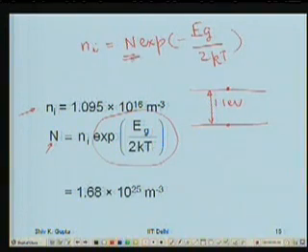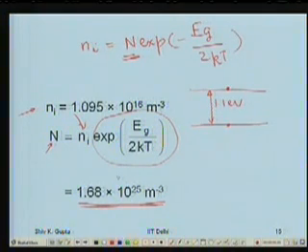I am interested in finding out how many of these, so that's how I rewrote it with a plus sign there. And I worked out this number, after substituting Ni, Eg is known, k is known, T is room temperature, it is 1.68 times 10 to the power 25 per cubic meter.